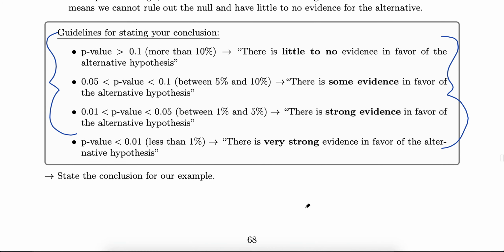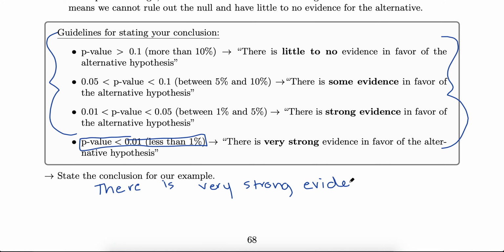So to finish off this video, our particular p-value was in this category. It was really small. It was less than 1% of the time. So our conclusion is going to be we have really strong evidence for our alternative hypothesis, but put that in context. So I'll say there is very strong evidence, okay, again, very strong because we had such a teeny p-value, such a small chance of seeing our data under the null.